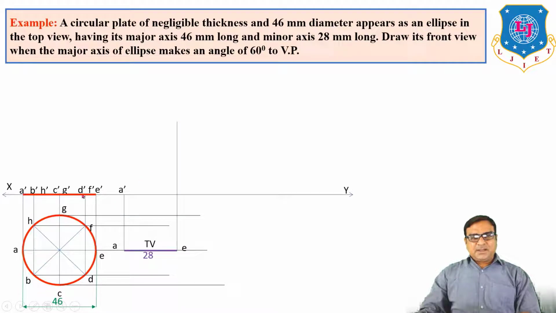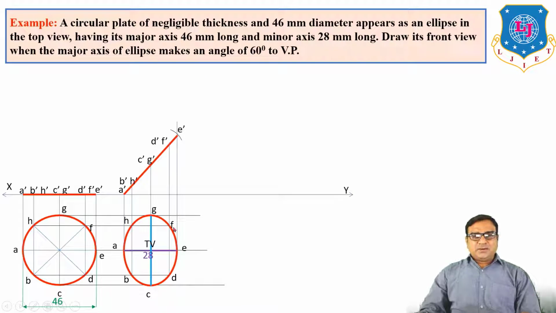The length AE. Taking radius A dash, center, draw arc. Insert remaining points. Draw vertical from all points. You will get other points B, C, D, E, F also. Now trace a curve passing through all the points.